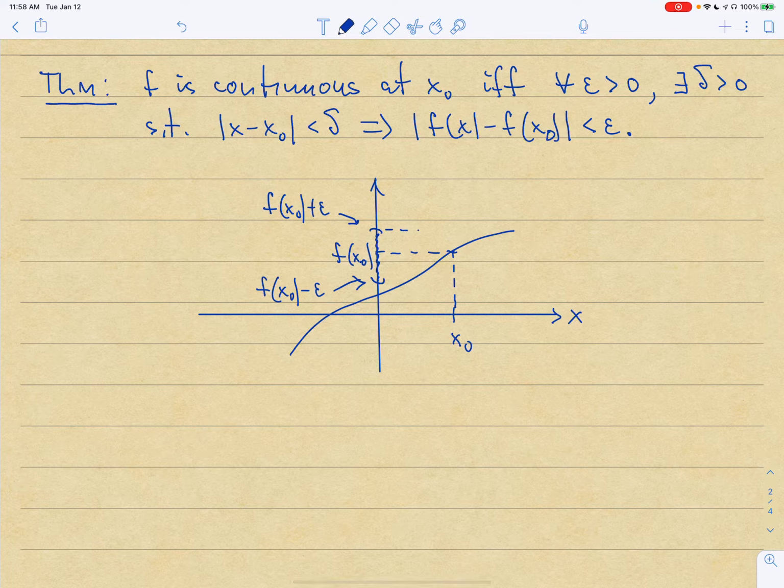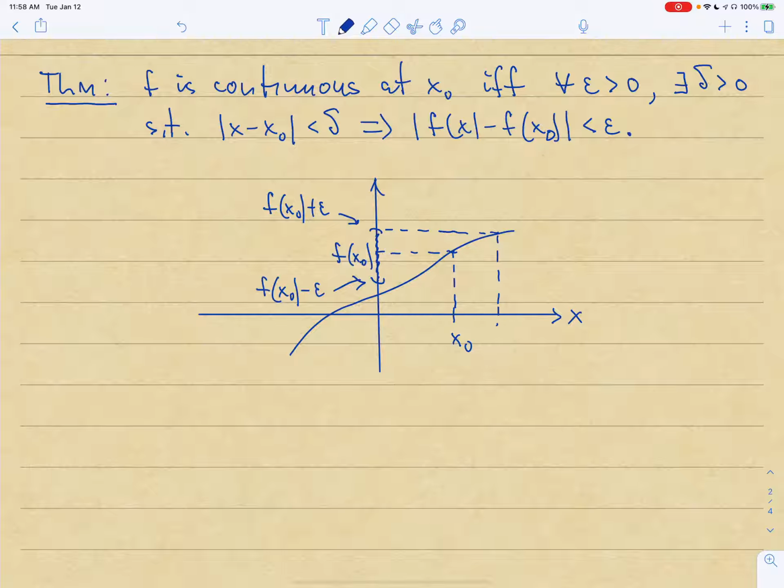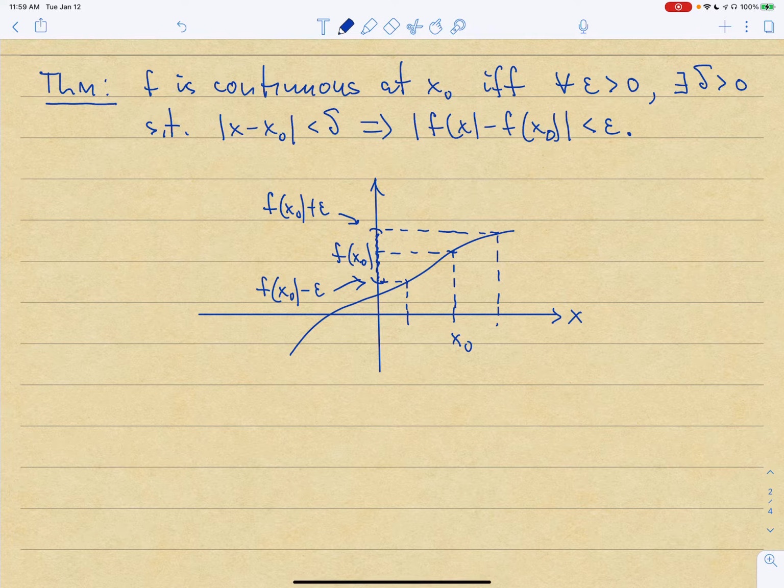Well, I just follow my function backwards, right? And that means that if x is inside this interval, as long as x is inside this interval, then f of x is inside the prescribed interval of the size epsilon around f of x0.